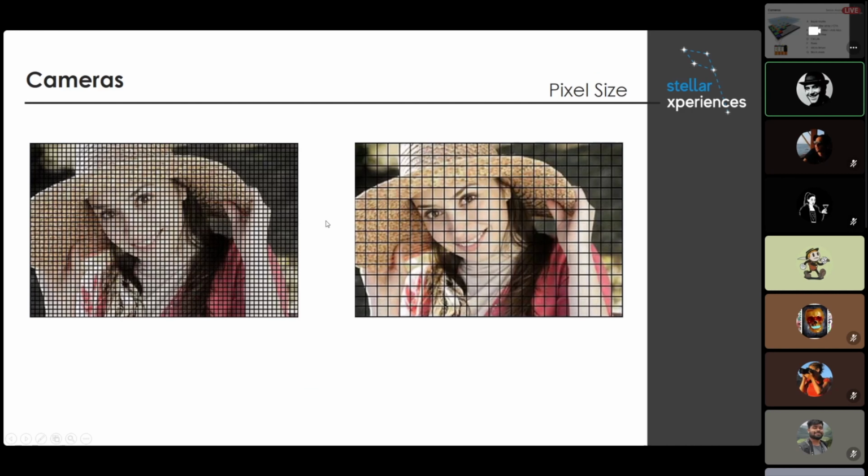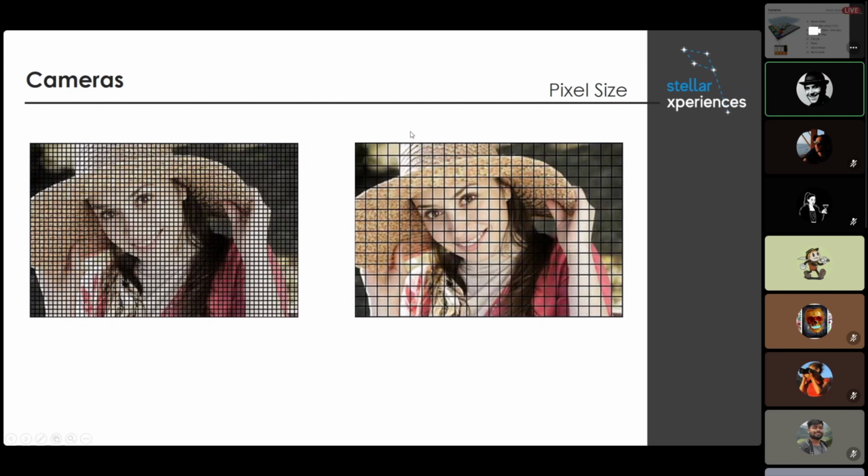And pixel size. Let's say here we have two images. Let's say this sensor is a full frame sensor. If the pixel size is smaller, then we have more pixels. And of course, if we have larger pixels, then we have fewer pixels. This is actually the digital resolution of your camera. This is your camera's megapixels.